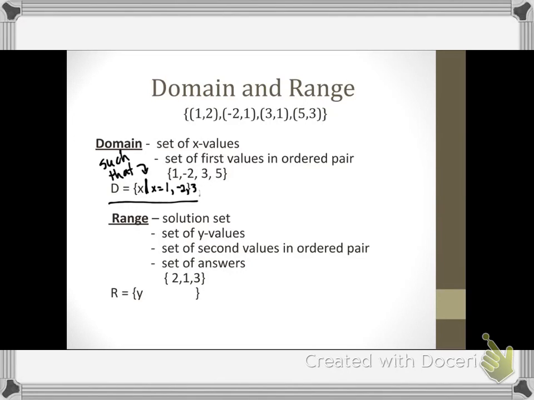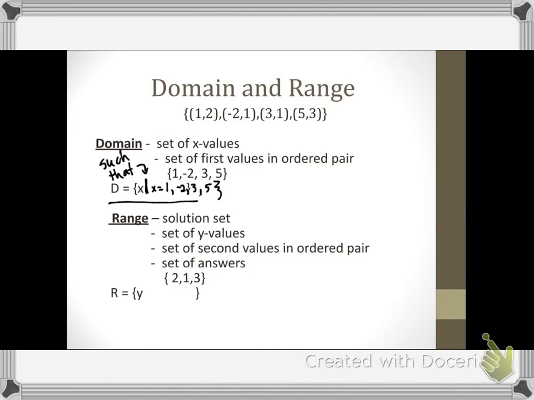And I use my curly bracket to cut it off. So that's just another way to represent our domain. Set builder notation. The set of all real numbers x such that x equals 1, -2, 3, and 5.